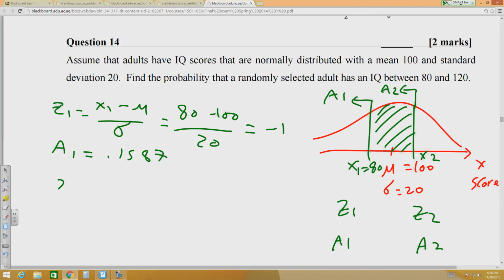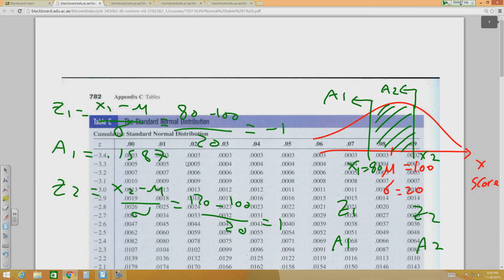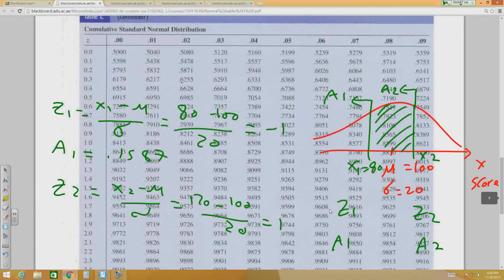And then you're going to do the same thing for the other z. So z2 now is going to be equal to x2 minus mu over sigma, which is 120 minus 100 over 20, which is equal to 1 this time. So we have z equal to 1. You come to the table, the table is 2 pages, by the way. You have one for the negative z, one for the positive z. So we go to the second page, which has positive z.